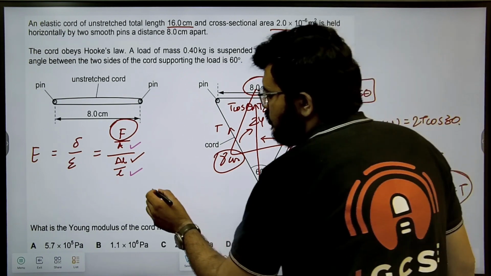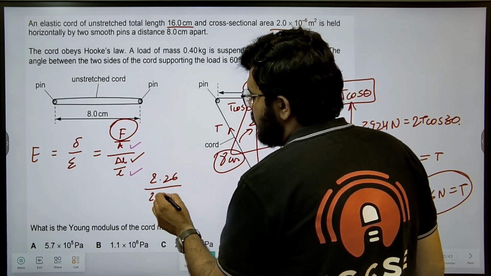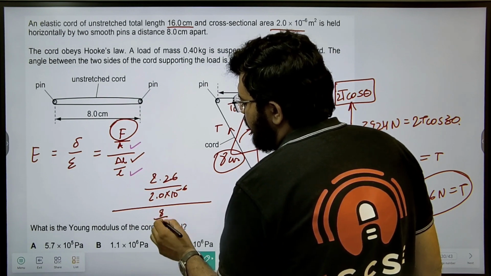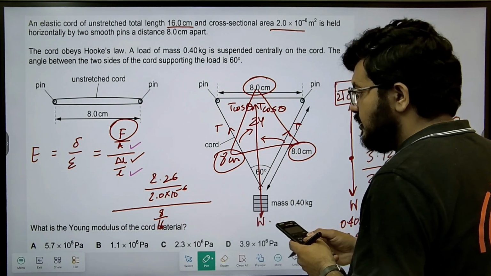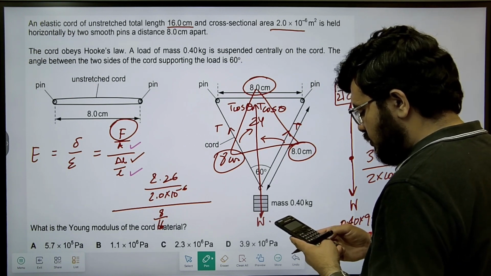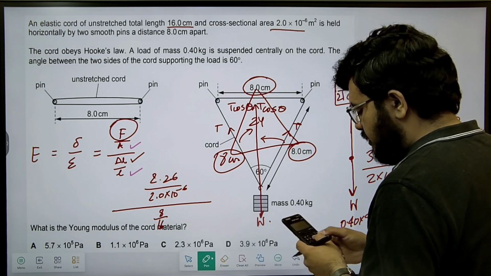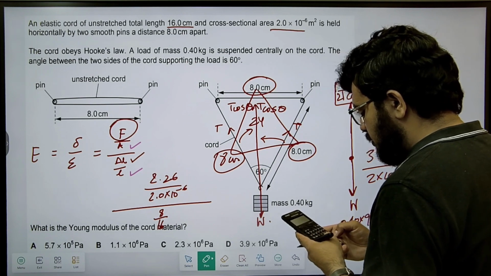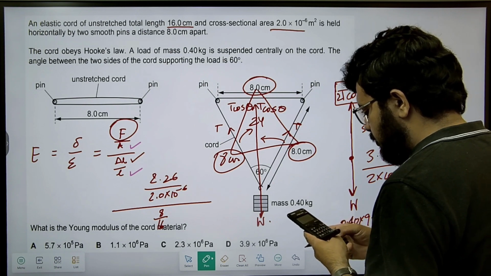So let's quickly assume that here 2.26 upon 2.0 into 10 to the power minus 6, whole divided by 8 by 16, correct? So let's do that. I have 2.26 upon 2.0 into 10 to the power minus 6, divided by 8 upon 16.